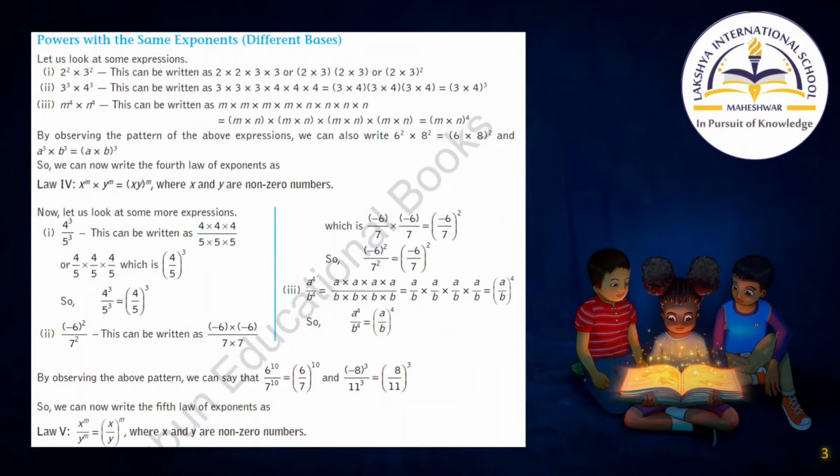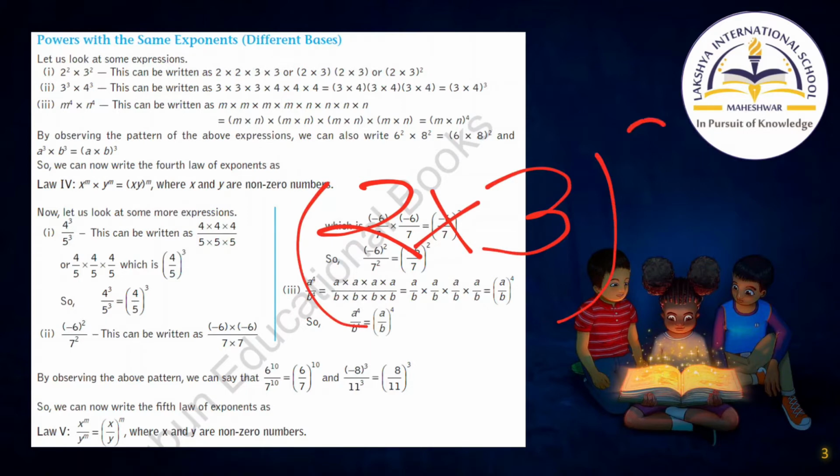You can see in a question also. x to the power m into y to the power m is (xy) whole to the power m. You can see in the first, 2 to the power 2 and 3 to the power 2. Here on both the numbers the power is 2, so we can write here (2 into 3) whole raised to the power 2. You have to write like this.